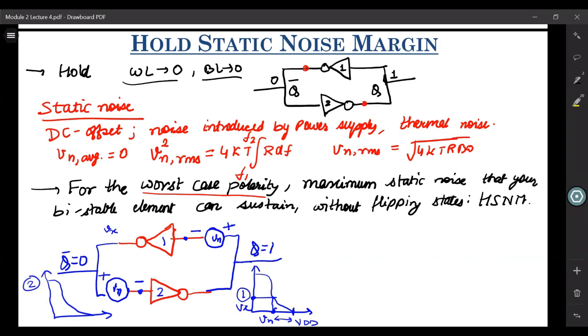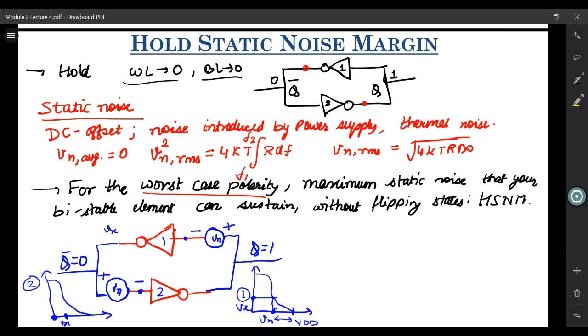Now this Vx is your input to inverter 2. Earlier your input to inverter 2 was 0. Now your input is Vx to this 2. And on top of that, you are subtracting this Vn, right? Because your negative terminal is connected to the input. So the effective voltage coming at the input is Vx minus Vn.